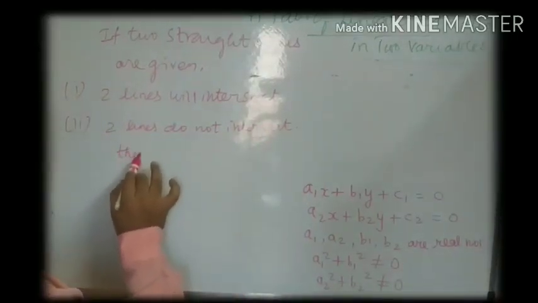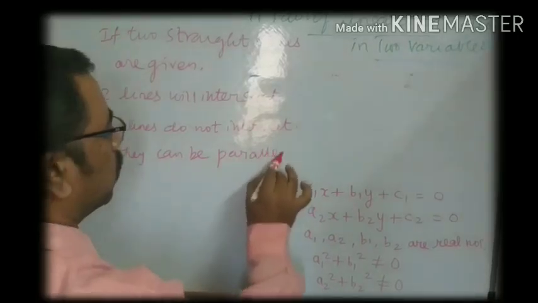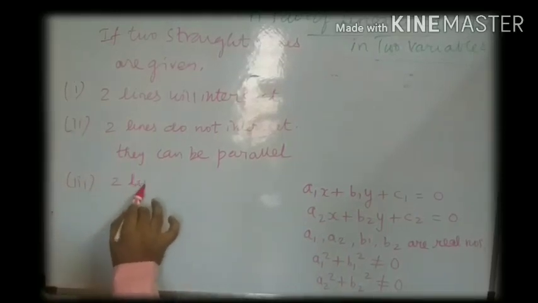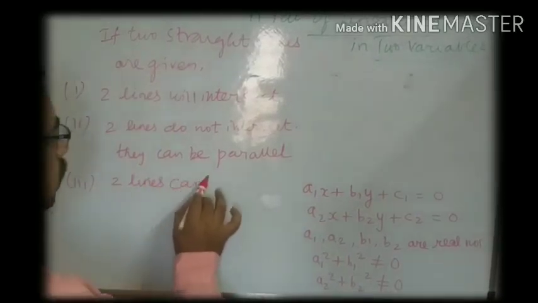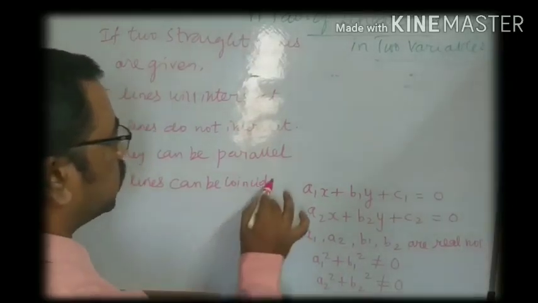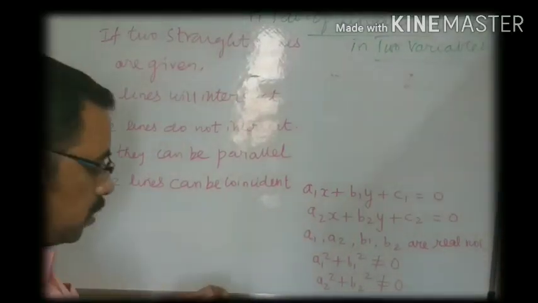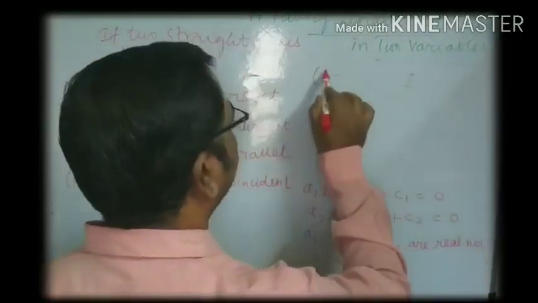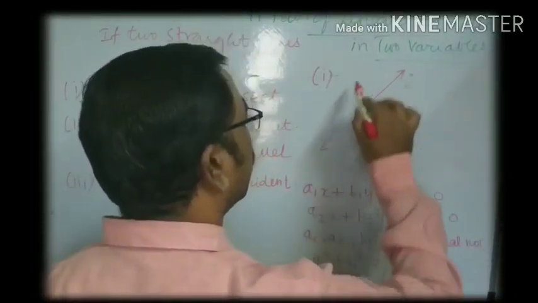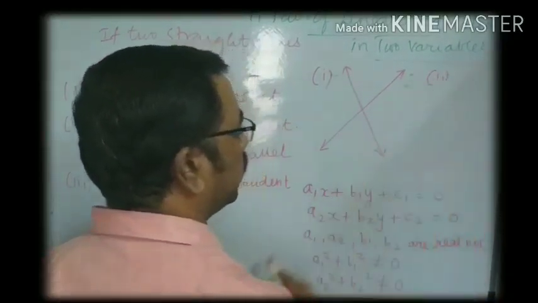Then what can happen? They can be parallel. Or the two lines can be coincident. So this can be represented diagrammatically like this. The first case, intersect. I draw one straight line, and this is another straight line. These two lines are intersecting lines.